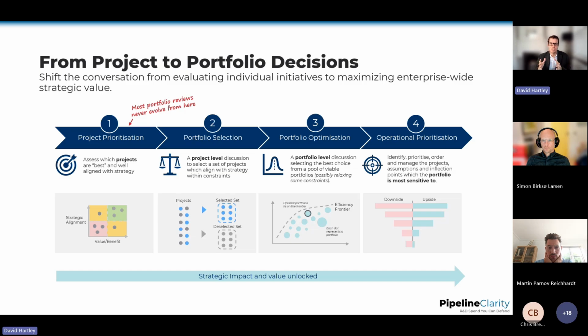The next level of sophistication, which is what we started to do in the Nexogen example, is a portfolio selection discussion. In this instance, you're still having a project level discussion, but you're more actively using it to select a set of projects which align with strategy within the constraints. So it's doing one pass through the function that we're trying to optimize before selecting a set which maps within those constraints and delivers the maximum value.